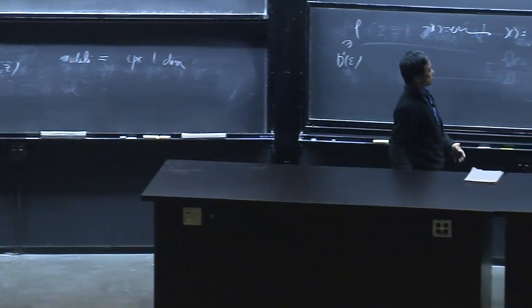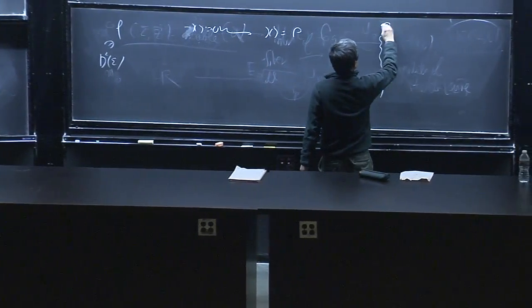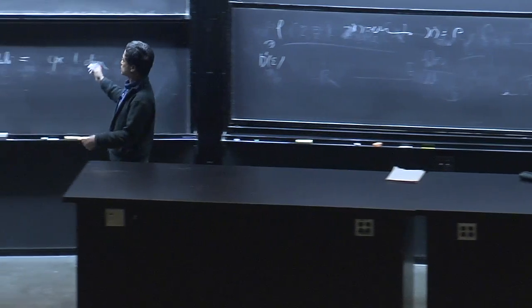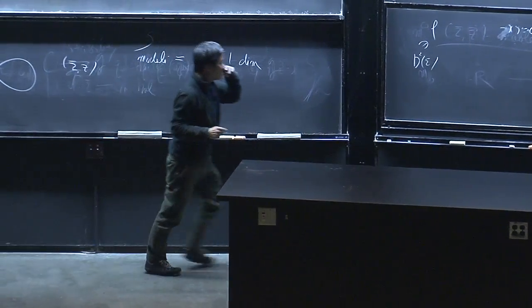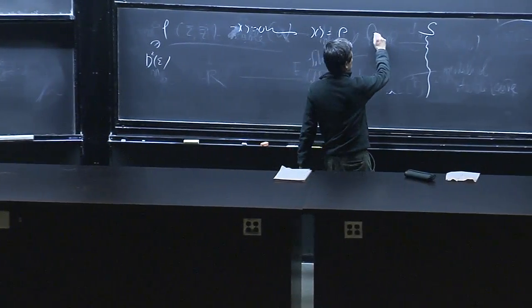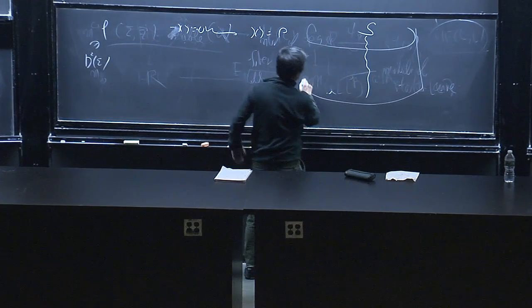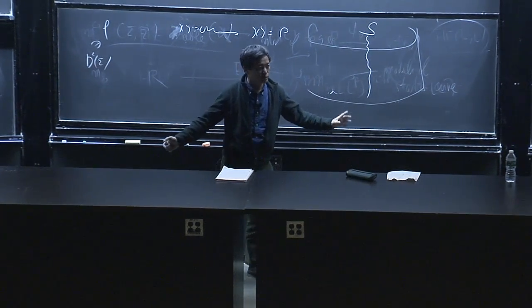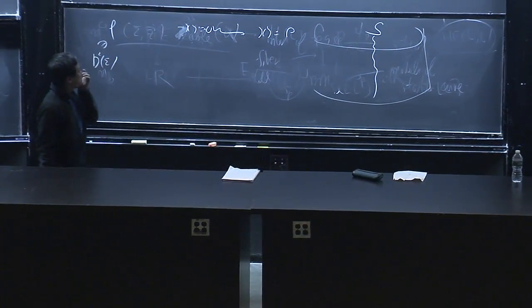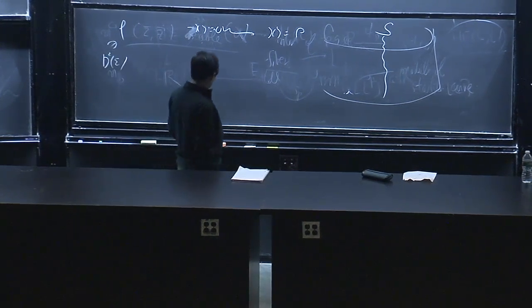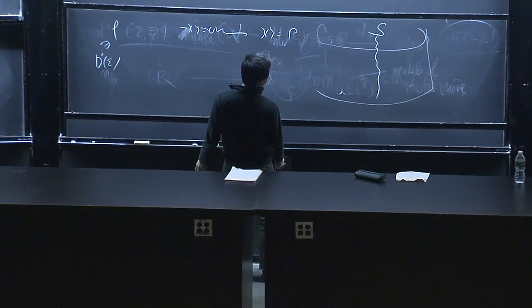So your picture is something like here. You have this S. So S is the moduli of this singular object, and you have everything else in bigger dimensions. And in total, you have this complex two-dimensional thing. But then, if you think a bit carefully, you will observe the following.